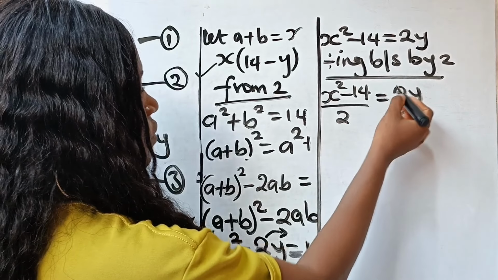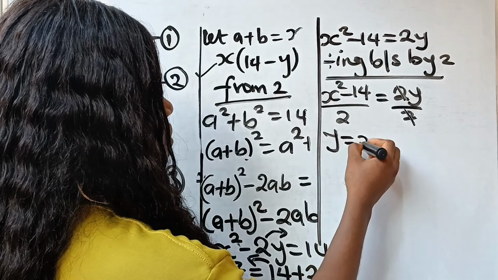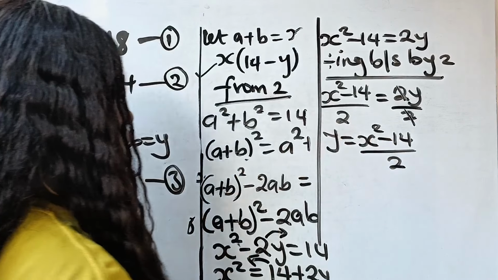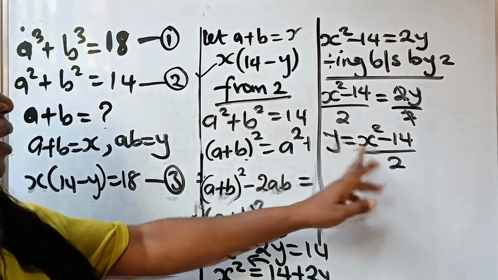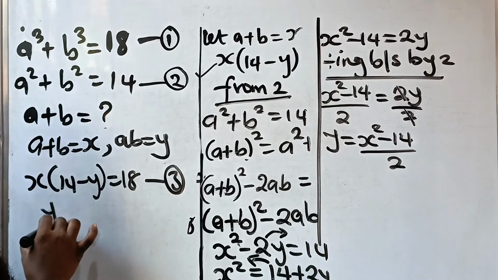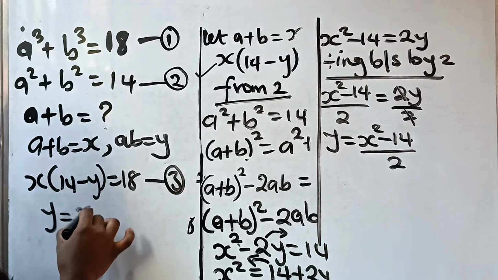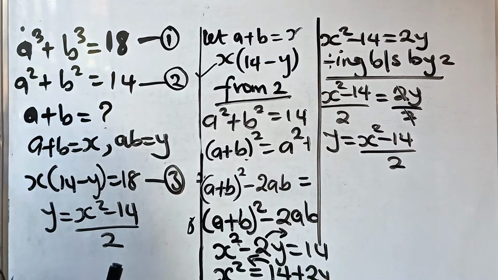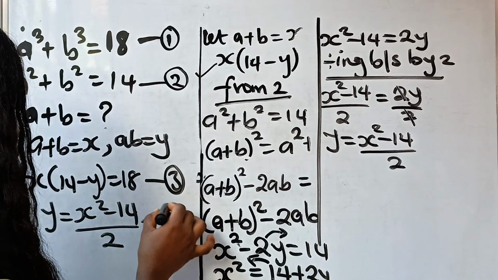So that will give us that y is equal to x squared minus 14 divided by 2. That is our equation 4.